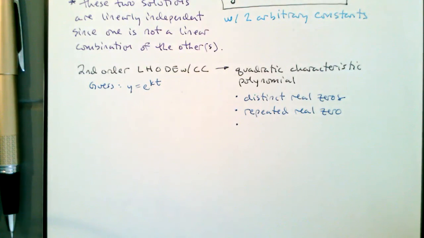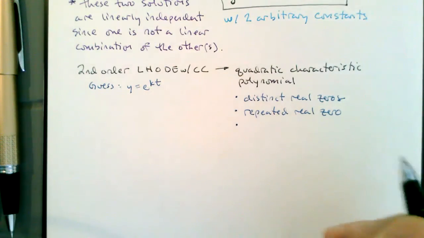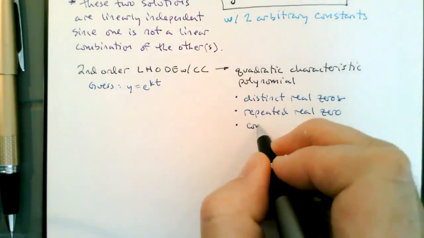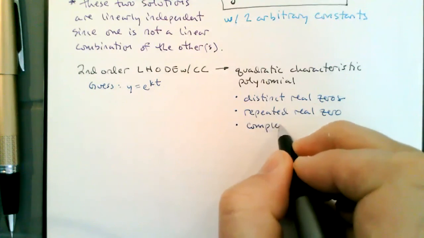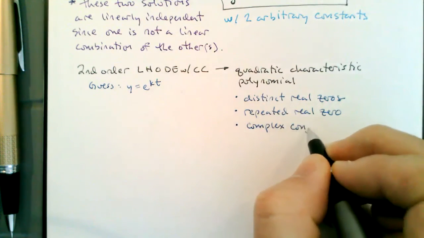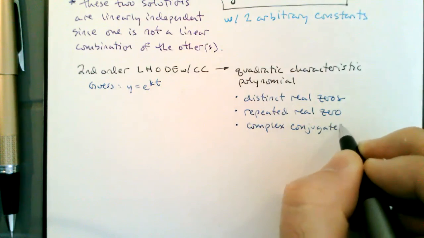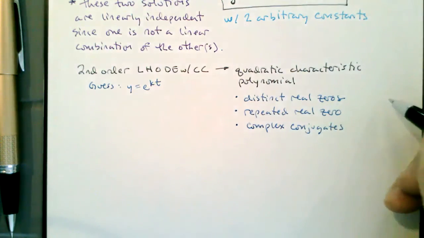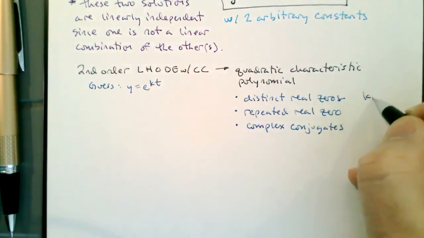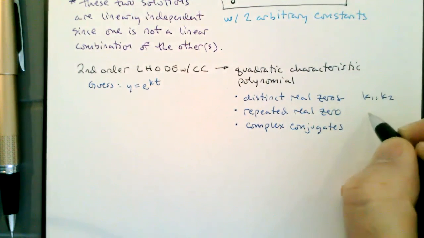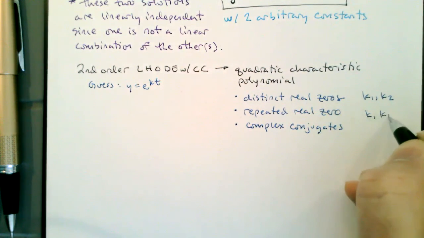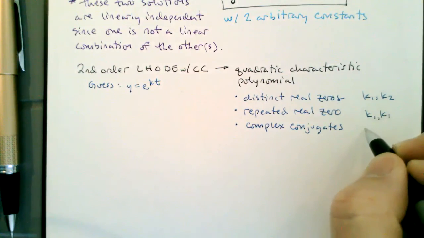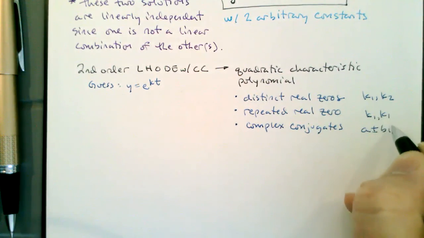We have to have two solutions. Could be distinct real zeros, it could be a repeated real zero, or the zeros could be complex conjugates. So I either could have a k1 and a k2, I could have a k1 and a k1, or I could have a plus or minus bi.